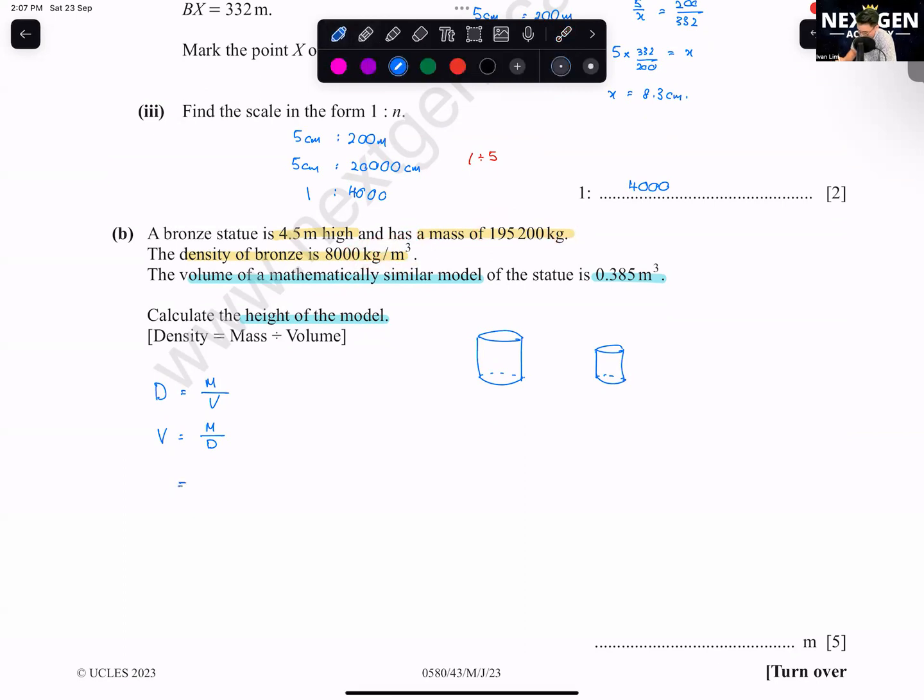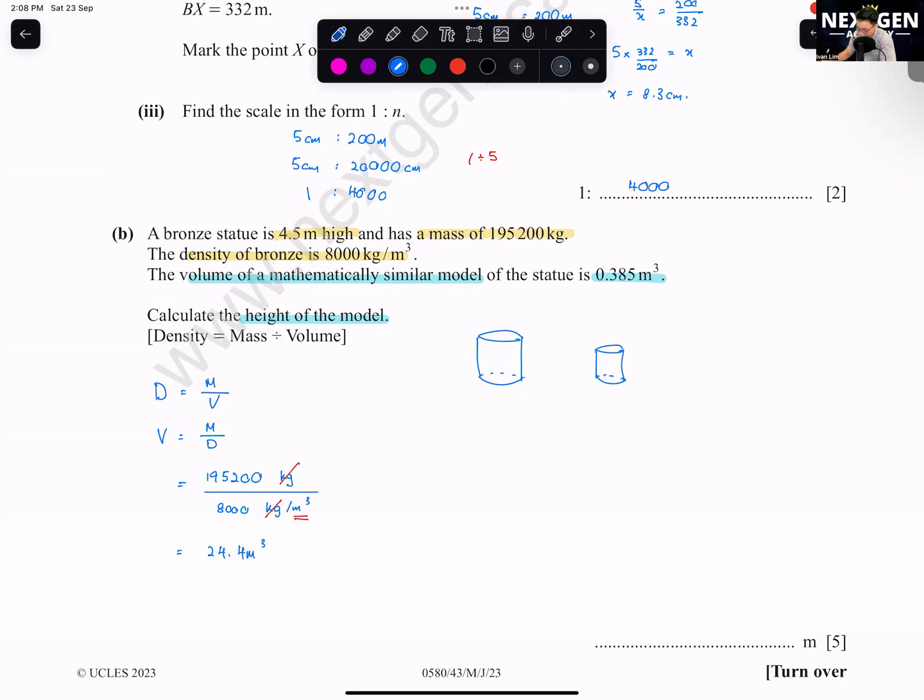You will get 195,200 over 8,000 kg per meter cube. Kg and kg will cancel off, then you will be left with meter cube. Sometimes the unit, they will test you on it also. So we will get 24.4 meter cube. Okay, no worries, Jinta.